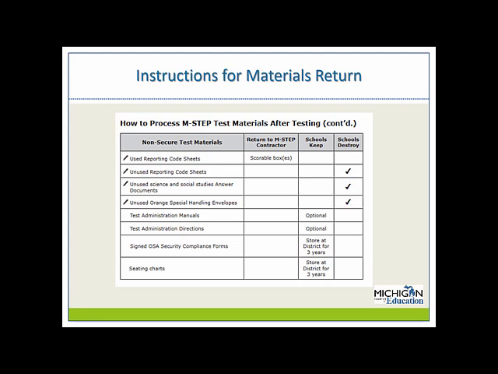Also, unused science and social studies answer documents and unused orange special handling envelopes are again listed here and must be destroyed. To be stored at the district for 3 years are the signed OSA security compliance forms and seating charts. Schools or districts can determine how to handle test administration manuals and directions.